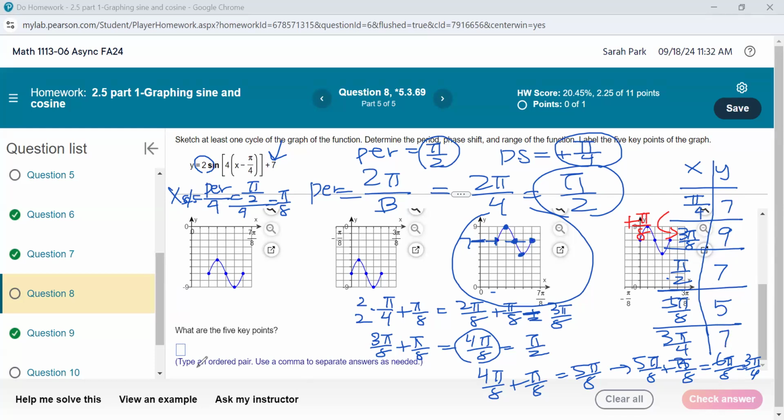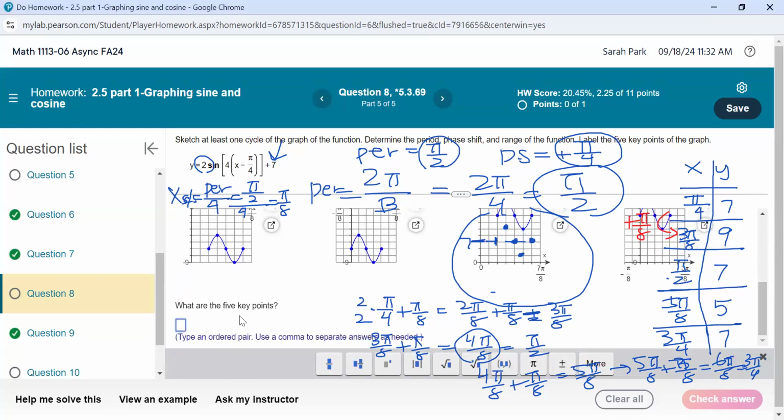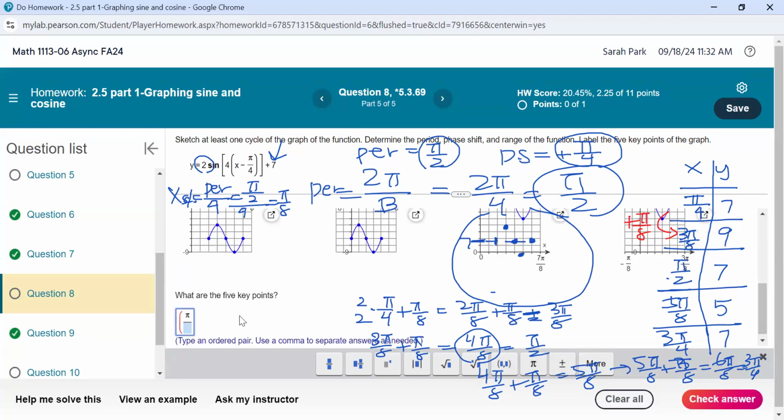Okay, so we type this all out. Pi over 8, 9. And then pi over 2, 7. And then 5 pi over 8, 5. And then finally 3 pi over 4, 7.